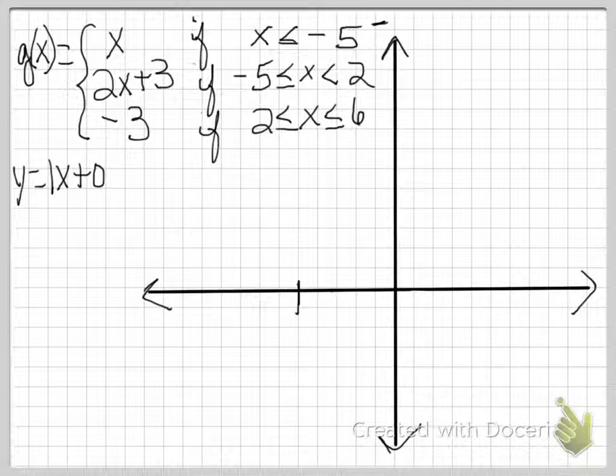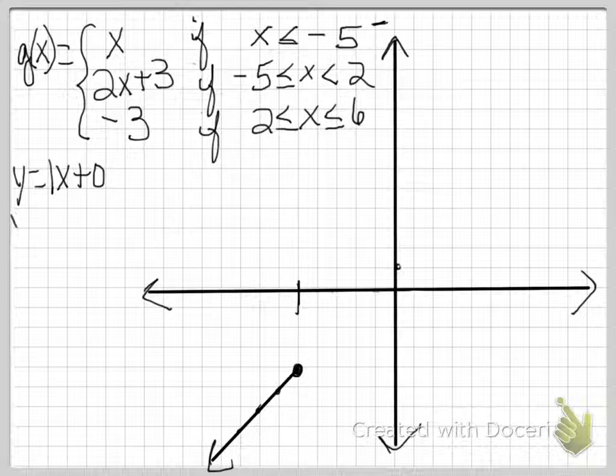Now, I need to start at 0 right here. And I'm going to go down 1 to the right 1, down 1 to the right 1, down 1 to the right 1, down 1 to the right 1. But my line, I'm only going to start right here. So all these points I can erase. And it will be a closed circle because it's less than or equal to.